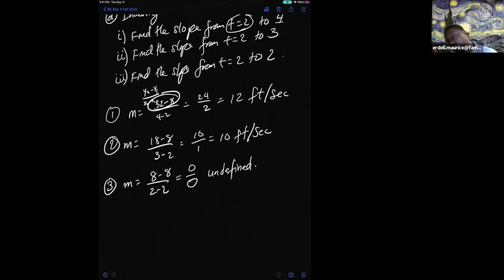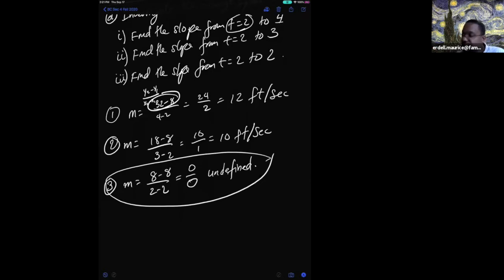So what has been happening up until this point is that we were finding the average speed. But when we're looking at that average speed, something happened. If I am trying to find the average speed at the same point right here, this is not resulting in an answer.